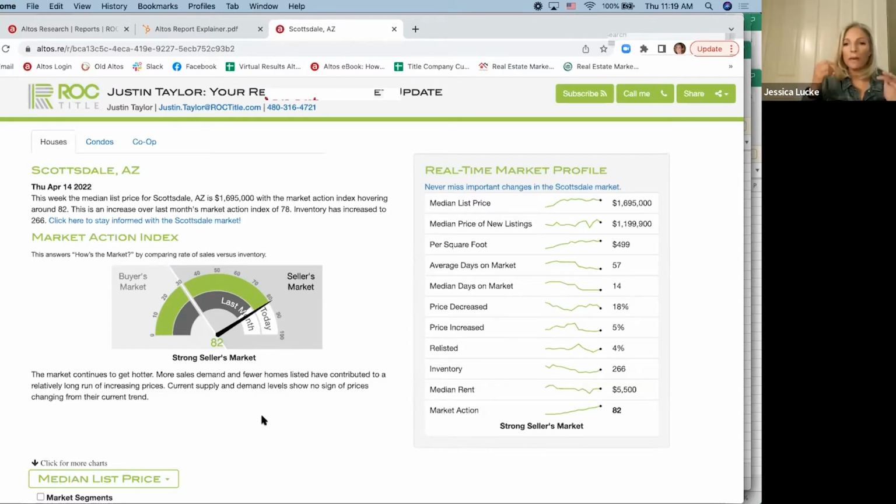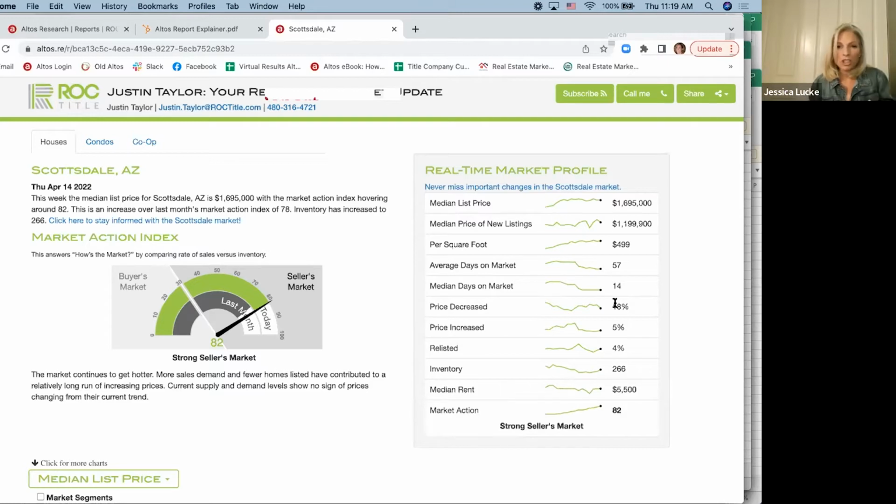And so to avoid it, you say, hey, listen, this report is really great with keeping us engaged and understanding the market. I'm going to supply this report to you on a regular basis. I want you to keep an eye on this percentage. We want this to stay the same or go down. If this were to continue to climb over time, we may have to come back together and talk about the price of your home. By setting it up in that way, you are now empowering your seller to better understand the process.